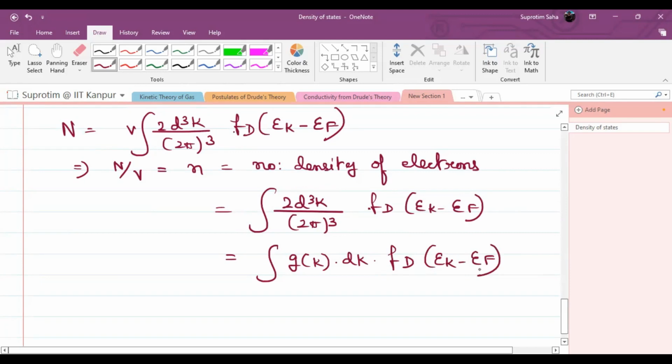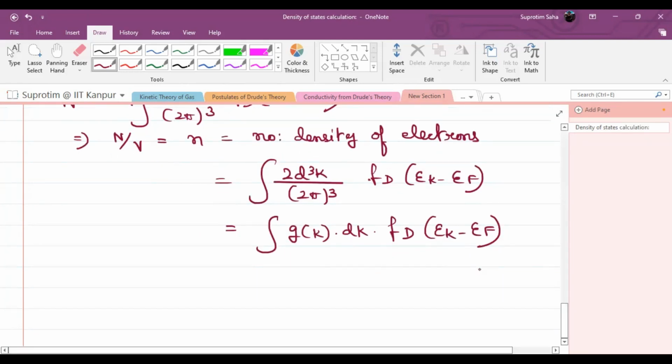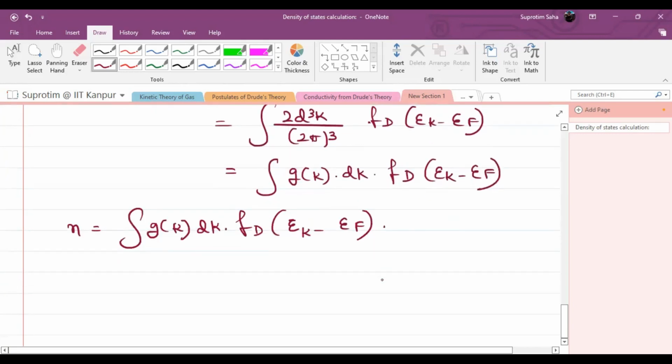All right, now we clearly understand why we wrote g(k) dk. So this is the electronic density of states, and n is g(k) dk times the Fermi-Dirac distribution. Fine. So the density of states is g(k) dk.